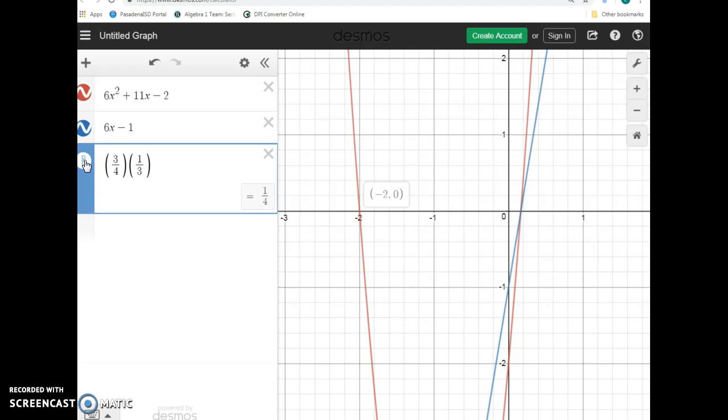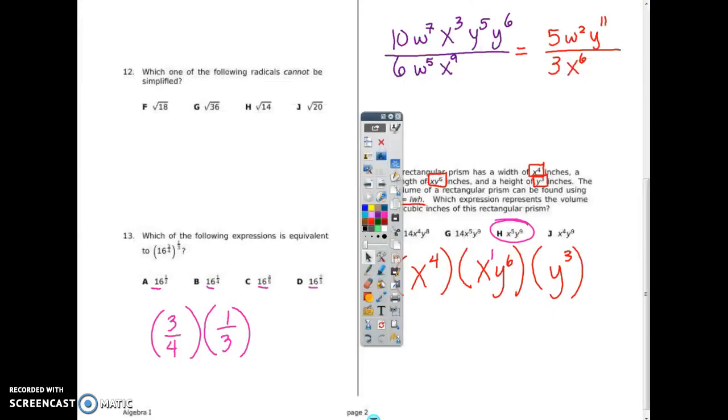So the answer is 16 to the 1/4 power. So the answer is B.